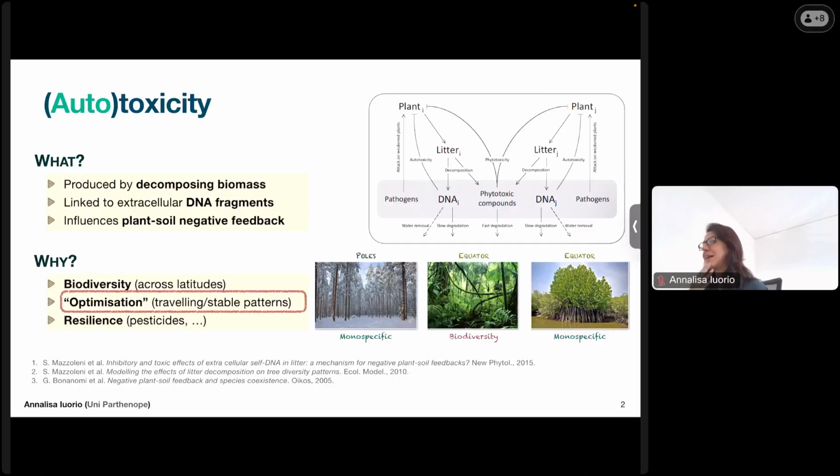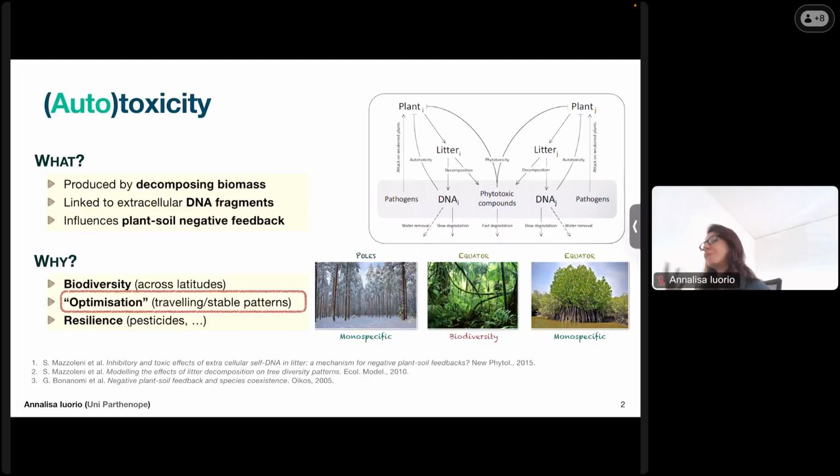So it has a wide range of applications, even much more concrete than what we mathematicians look at. But for the purpose of today's talk, I'm going to focus more on the effect that autotoxicity induces on spatial patterns of vegetation.